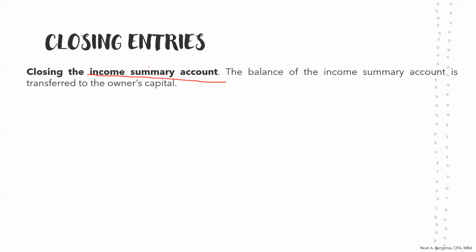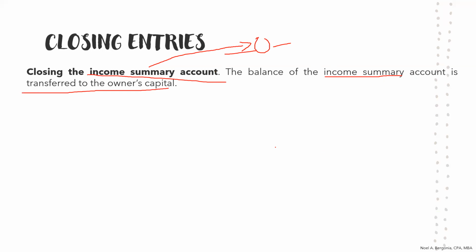It's just a pass-through account. It is not a permanent account. It is just a temporary account as well. So we zero it out. You need to zero it because it is a clearing account. And the balance of this income summary will be transferred to the capital.